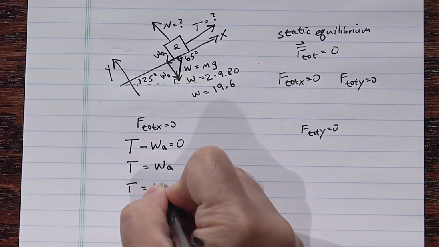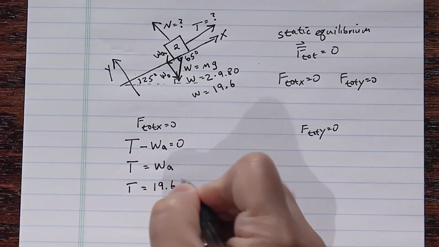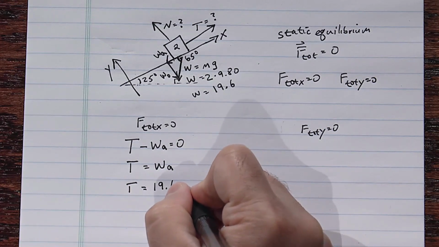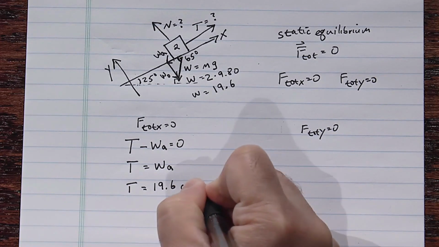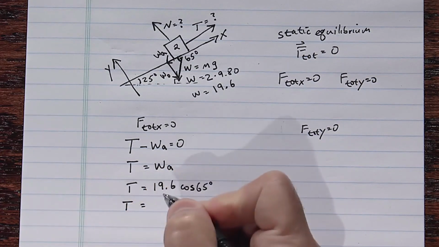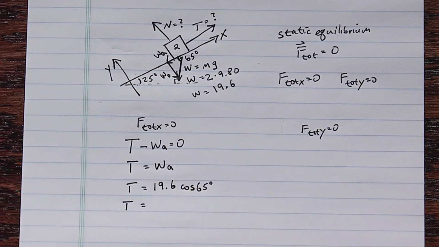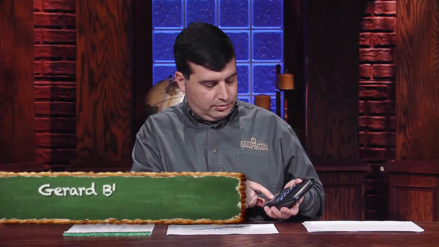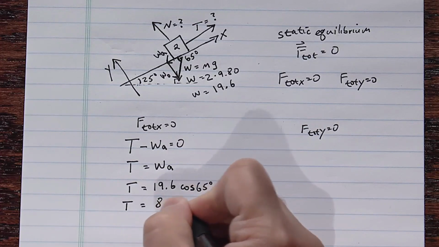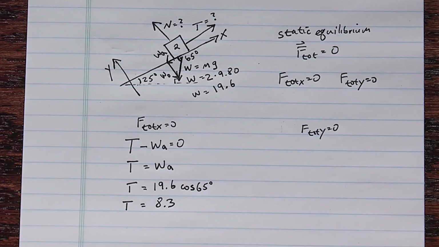Tension is equal to 19.6, which is our total weight, times the cosine of 65 degrees. The tension is equal to 8.2, we'll call it 8.3 newtons. And so that's how we solve for the tension.